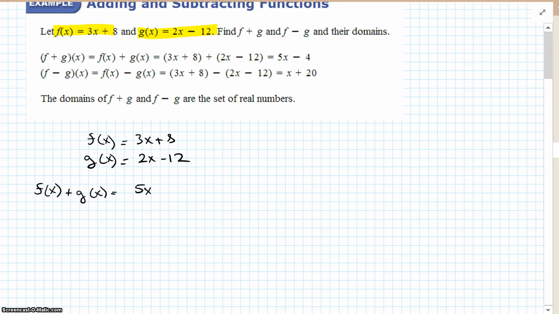So that would be 5x minus 4. Now if I wanted to do f of x minus g of x, I'm just going to take their differences. So 3x minus 2x is 1x. 8 minus negative 12 is 20, so it'd be x plus 20. And then the domains are all real numbers.